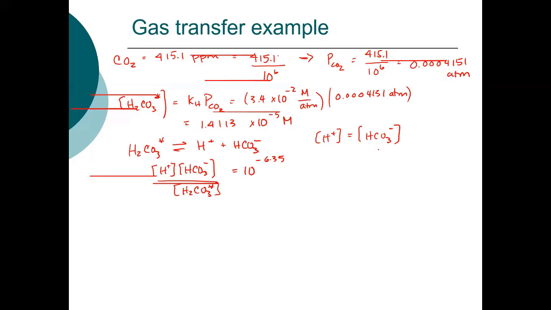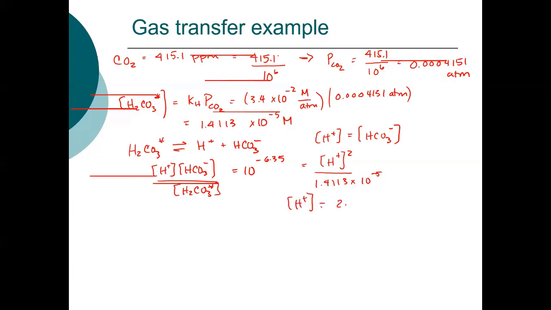If that's the case, we can substitute. So this is equal to H plus squared. We've calculated the concentration of carbonic acid, and we can solve for H plus.